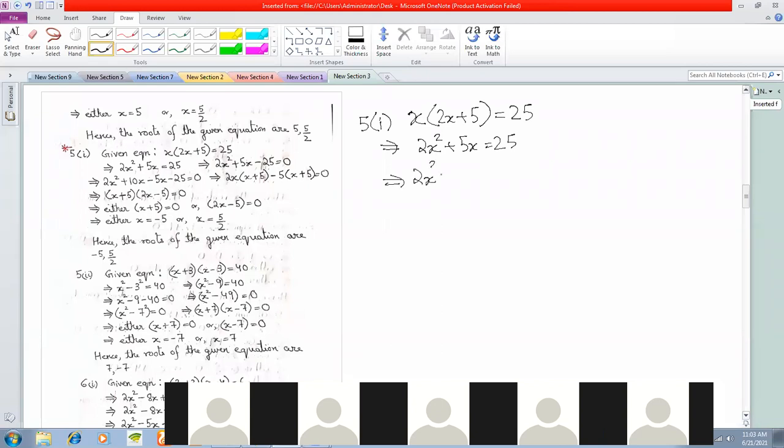You bring 25 to the other side to get 2x square plus 5x minus 25 is equal to 0. Right now we want to factorize this. 25 into 2 is 50, and from 50, how do you get plus 5? Plus 10 and minus 5.